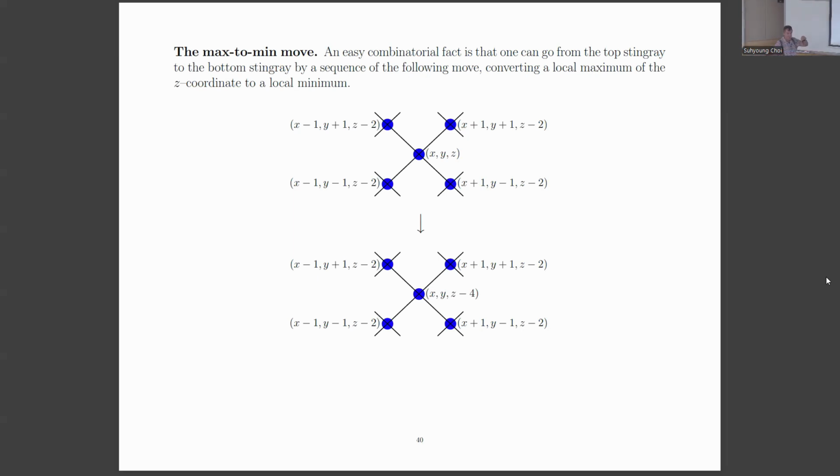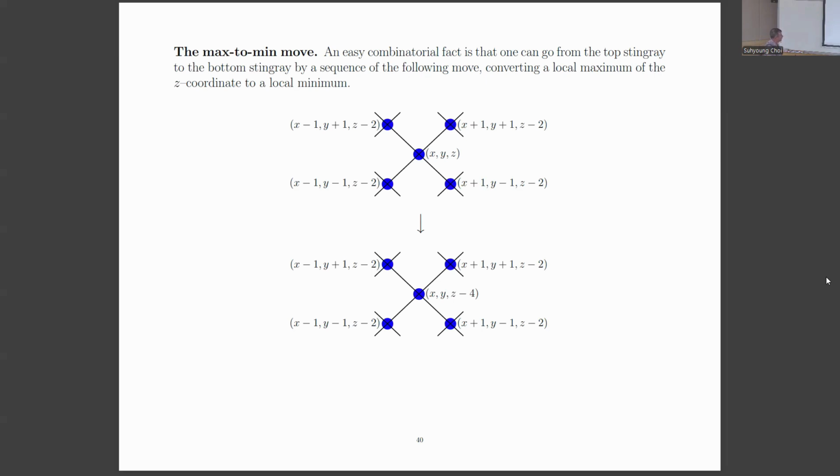So what I'm going to do is push down my stingray. I saw that the stingray had a little bump, and so I go with my finger, I press on the bump, and then, oops, now the stingray has a little hole. That's what I do.